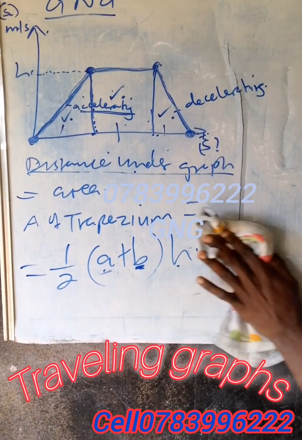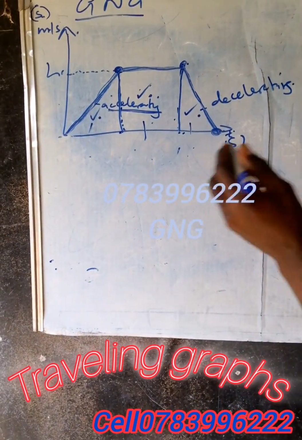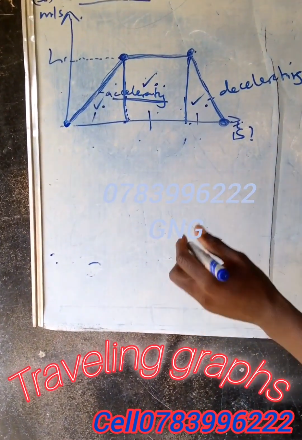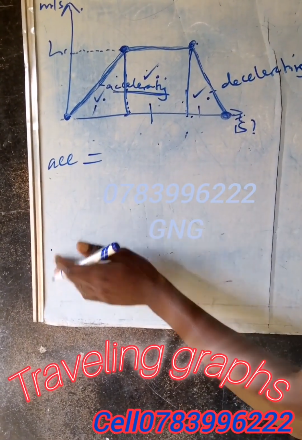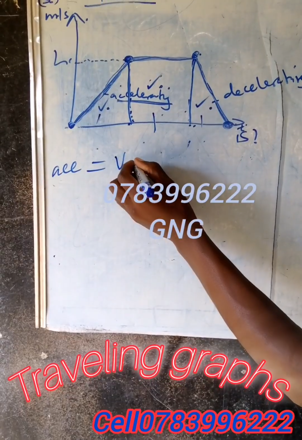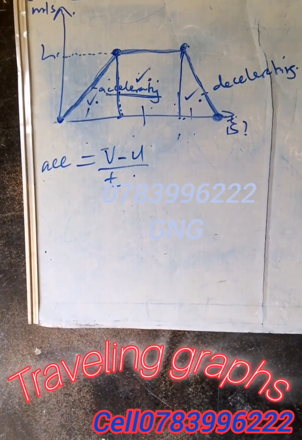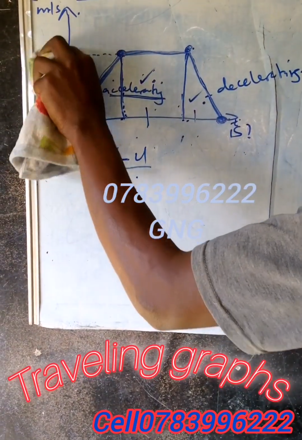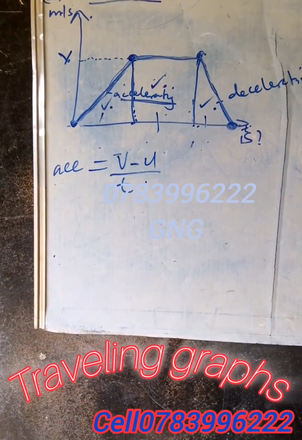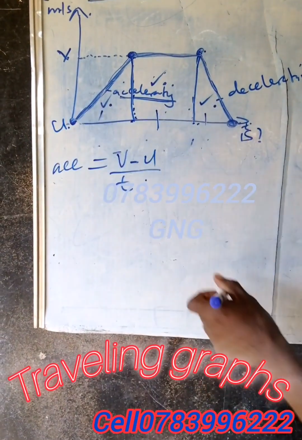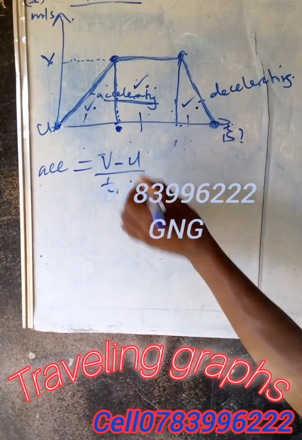Then from here, we may find acceleration. Acceleration is the rate of change of velocity. So it is calculated like this: v minus u over t, where v is the final velocity, and u is the initial velocity, and t is the time taken from here to here.